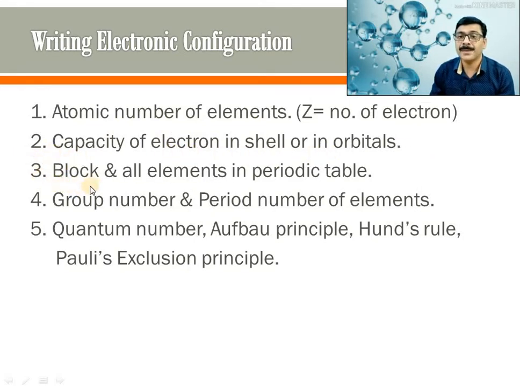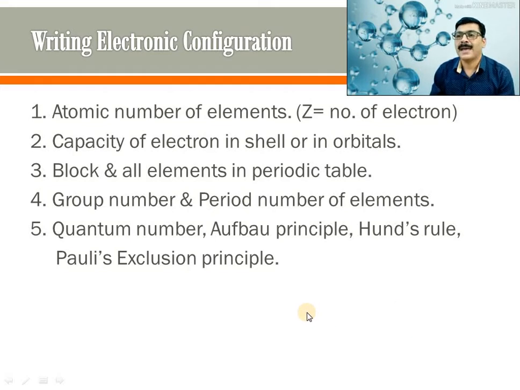Third, the block of all elements in the periodic table. Fourth, the group number and period number of all elements, and also the quantum numbers, Aufbau principle, Hund's rule and Pauli's exclusion principle. Then you can easily write the electronic configuration.